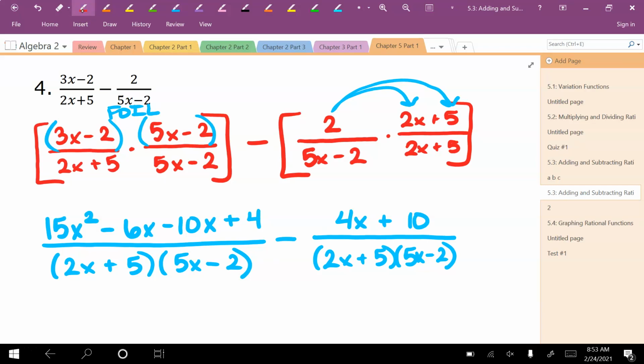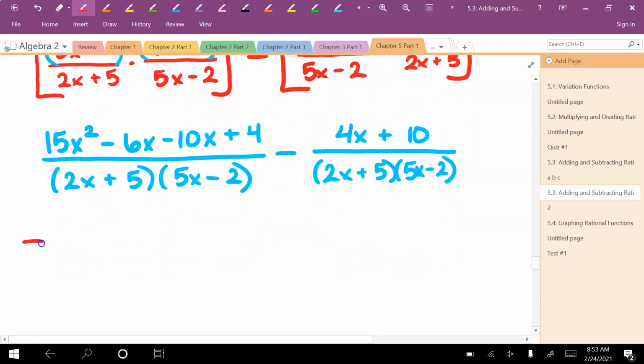Okay, let's go ahead and try to combine our numerators here. So I don't see any other x squared terms. I just see 15x squared. All right, let's talk about our x terms. We have a negative 6x minus 10x.